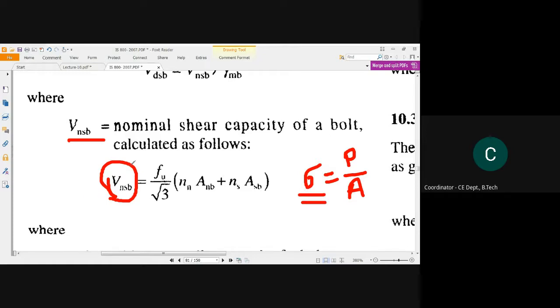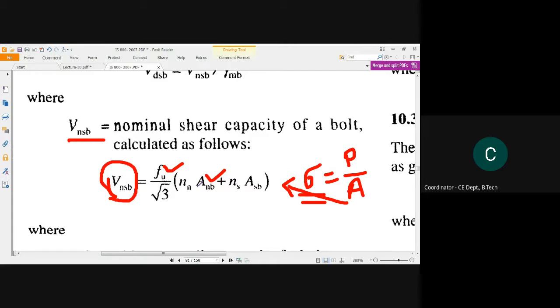But in this formula it is given as a force. So to get the force, we need to multiply the stress with area. So this fu must be stress and this A is area. Stress into area gives me the force, and these are some corresponding coefficients which we need to observe depending upon the connection system.